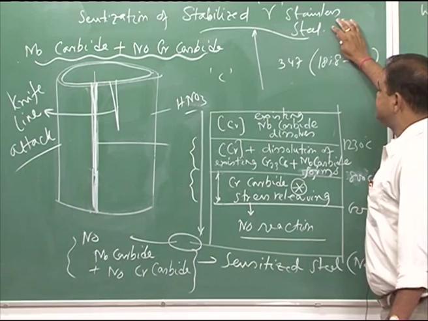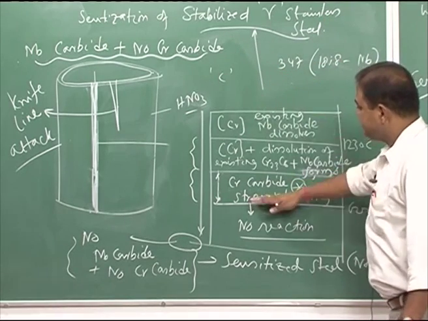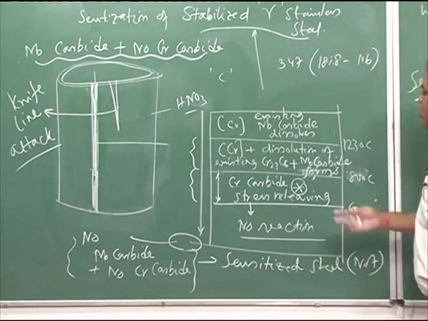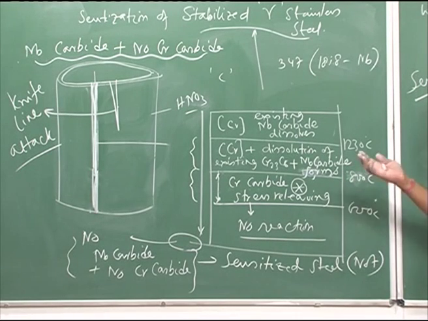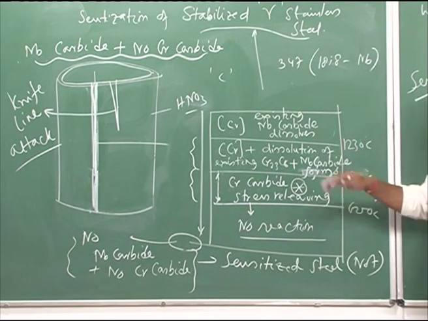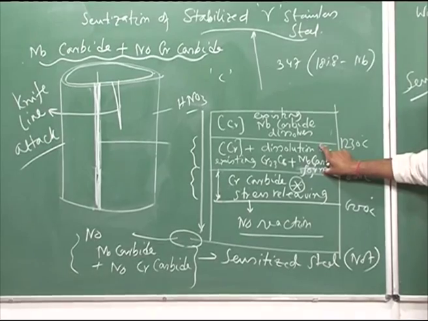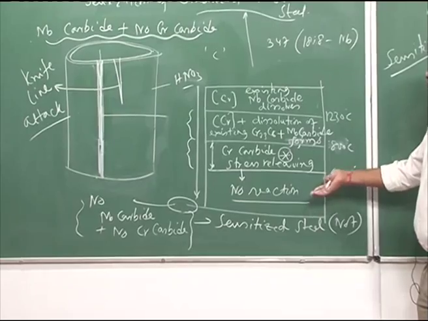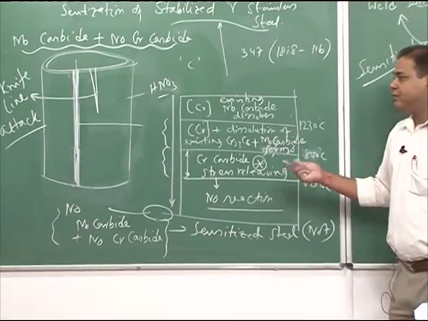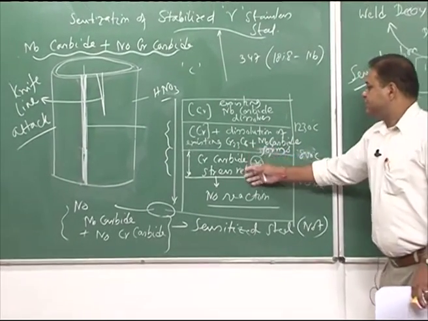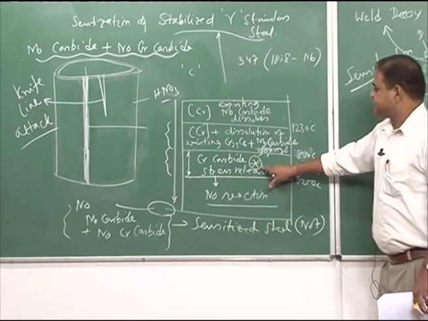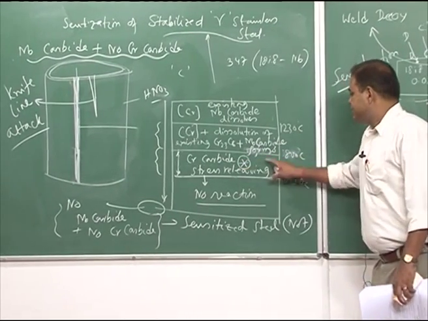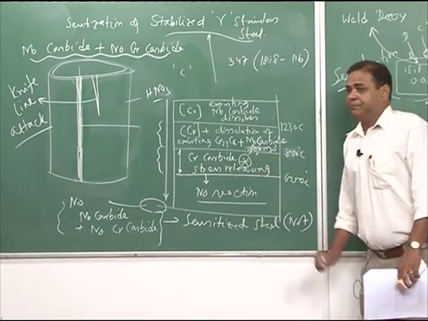The sensitization is happening because the niobium carbide and chromium carbide both dissolve, and because of the rapid rate of cooling, niobium carbide does not form in this temperature zone when the material is cooled down, and chromium carbide also does not form. But due to the stress relieving operation after welding, we always come across this chromium carbide formation if the stress relieving operation is carried out in this sensitized temperature zone.